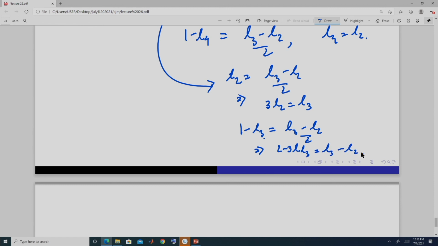We get this. So, from this what do we get? 2 minus 2 plus L2 should be equal to 4. So, we have this.